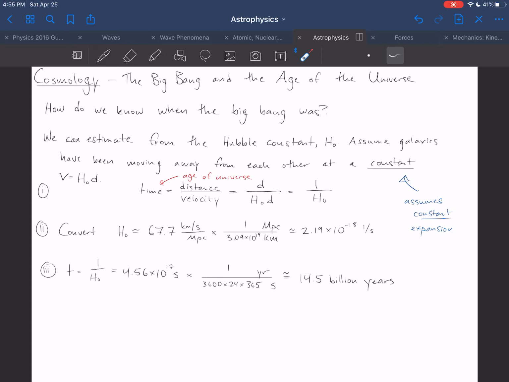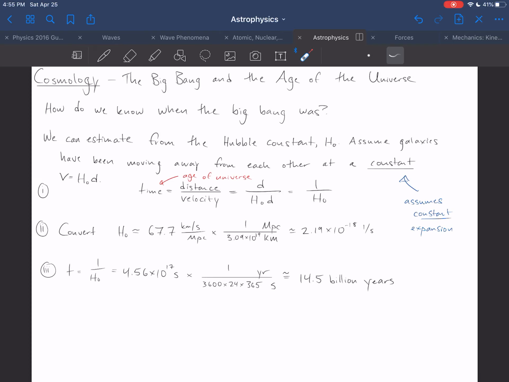Now, that value has changed over time slightly, and it really crucially depends on our value of H naught, which has been a source of some surprising conflict. It's one of the most hotly contested constants in history, actually.